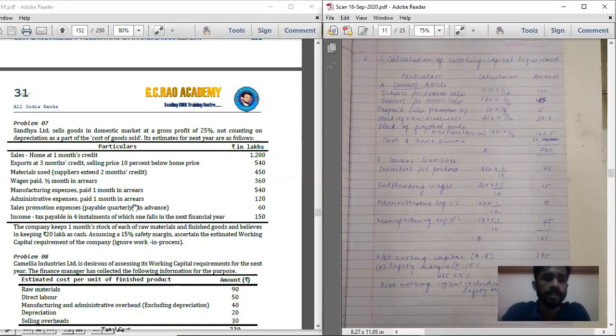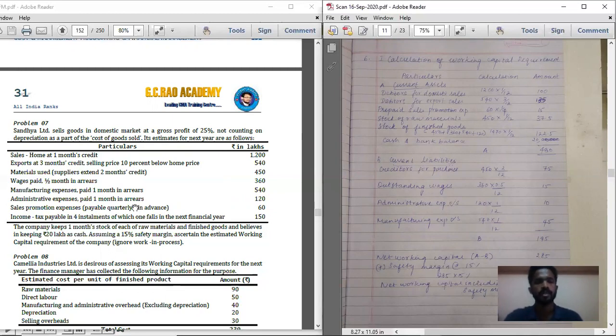Sandhya Limited sells goods in domestic market at a gross profit of 25%, not counting depreciation as a part of cost of goods sold. See, if suppose cost of production is 100, then gross profit is 25% on that cost.